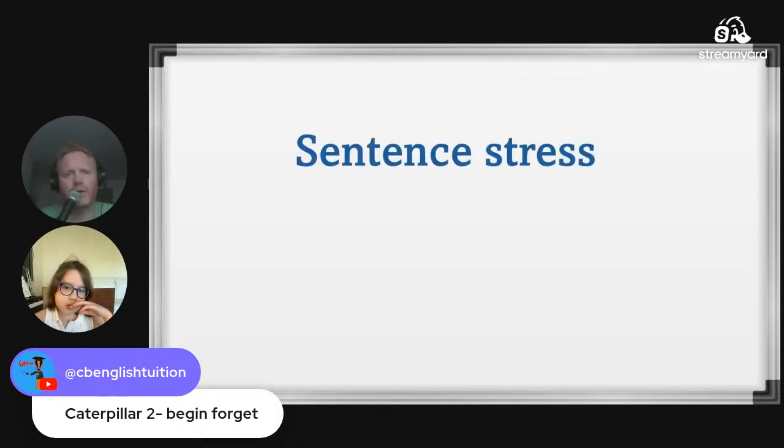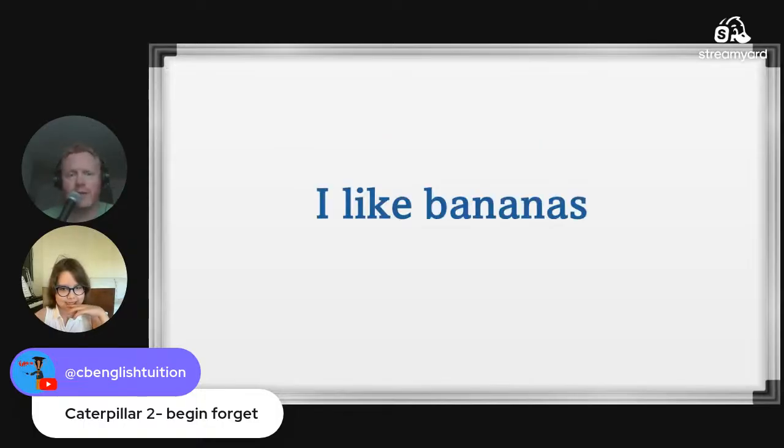Let's go on to sentence stress. This is about which word you stress in a sentence. Here's our sentence. Can you read it, VT? I like bananas. Which word did you stress the most? Number 1, number 2, or number 3? Number 3. Why did you stress number 3?